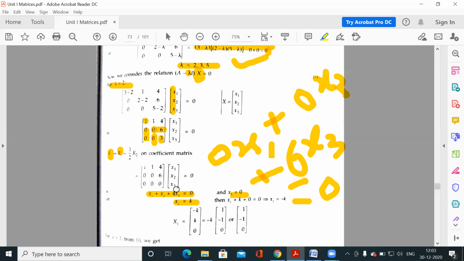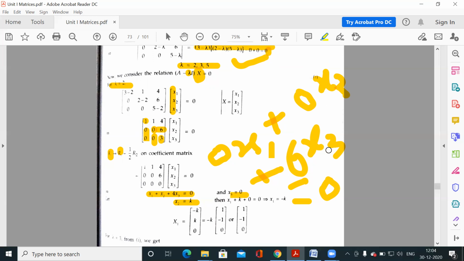It is either x1 or x2 or x3, because number of variables minus rank is your number of independent variables. So 3 minus 2, that is 1. So one variable is independent. So 0x1, 0x2, 0x3, you can make one variable independent, but you cannot make x3 independent. Why? Because of this second equation.